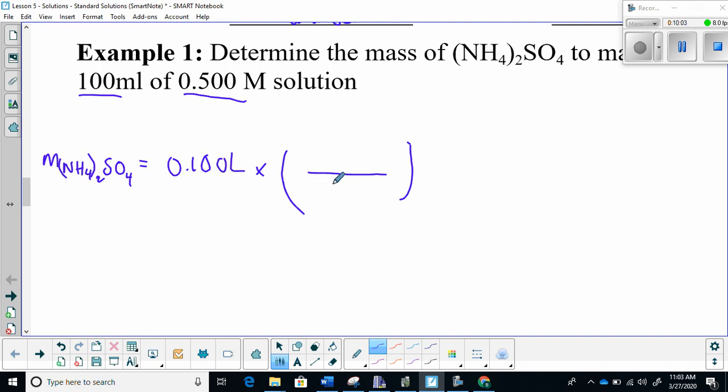So we use our concentration, 0.500 mole per liter. This is where I do not want to use the capital M. I want to break it up into the actual units. So liters cancels out.